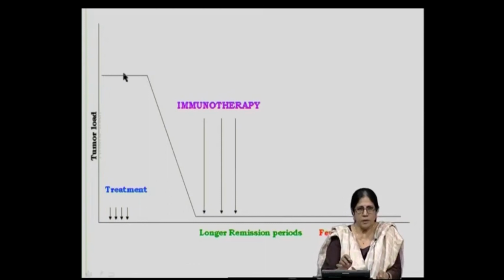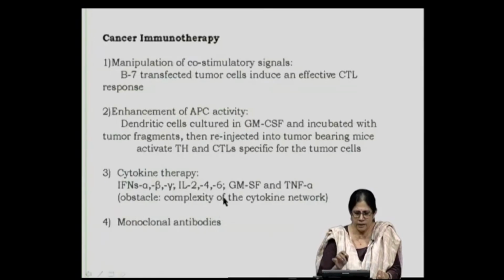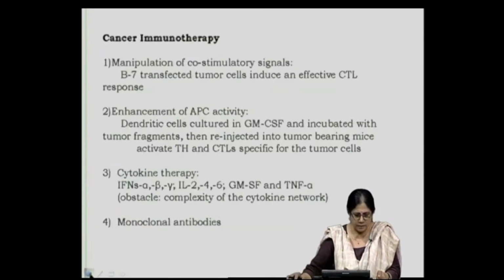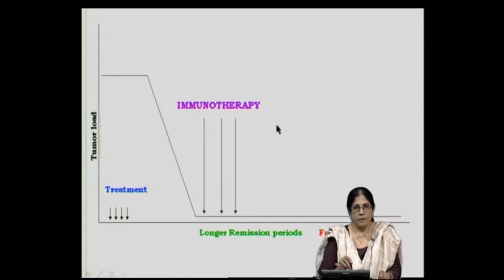However, it has been seen to be beneficial to patients when the treatment to get down the tumor load is by chemotherapy or radiotherapy, and once the tumor load is very small, you give the patient immunotherapy, so that the small number of cancer cells over here can be effectively recognized by the immunotherapeutic agents, whatever one is given, and destroyed.